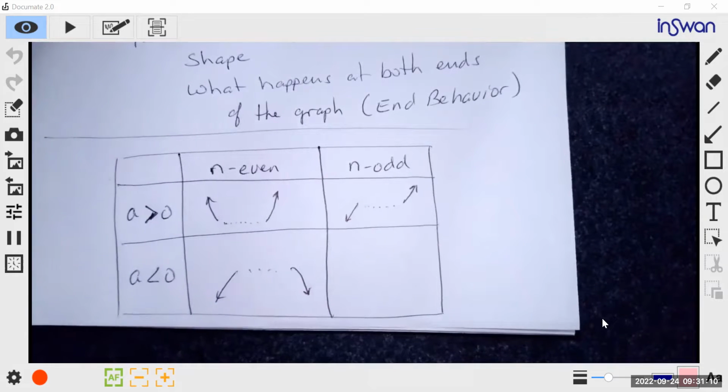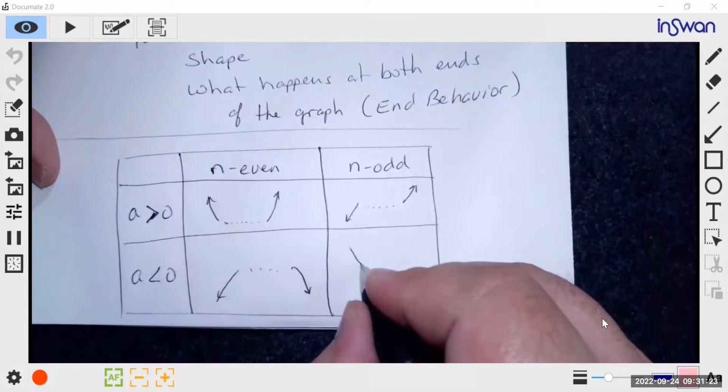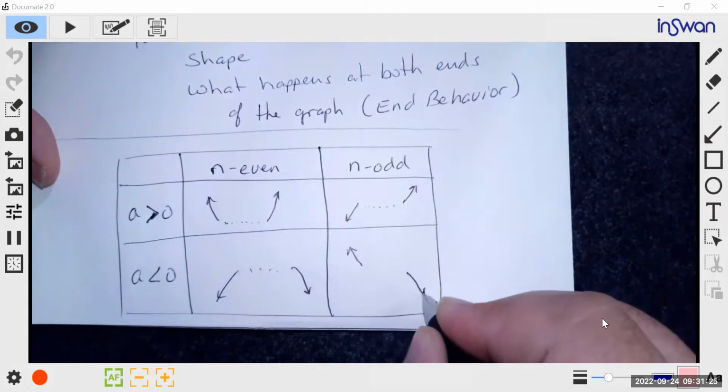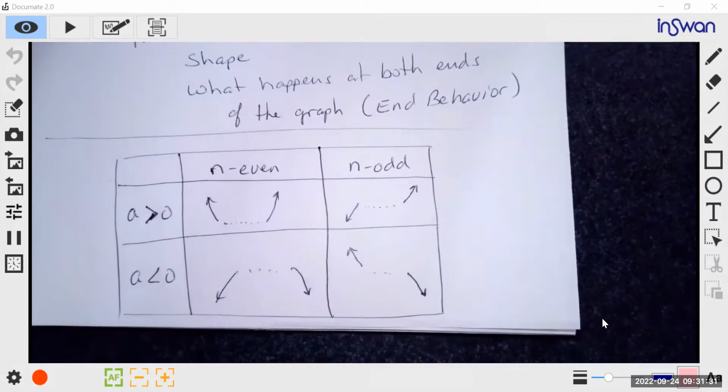We don't know what happens in the middle. If a is negative and n is odd, the left side points up and the right side points down. All right, so that's one thing. This tells us the end behavior, what the basic shape of the curve is going to be.